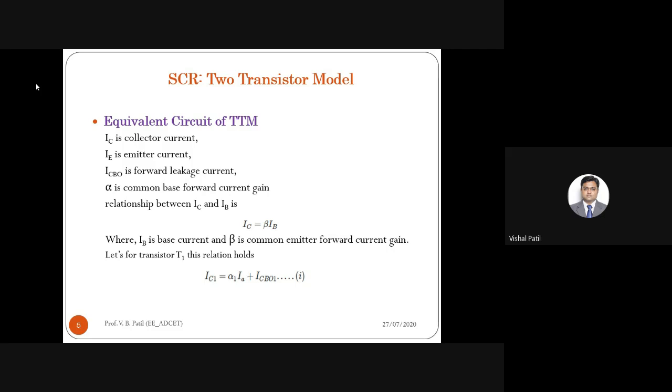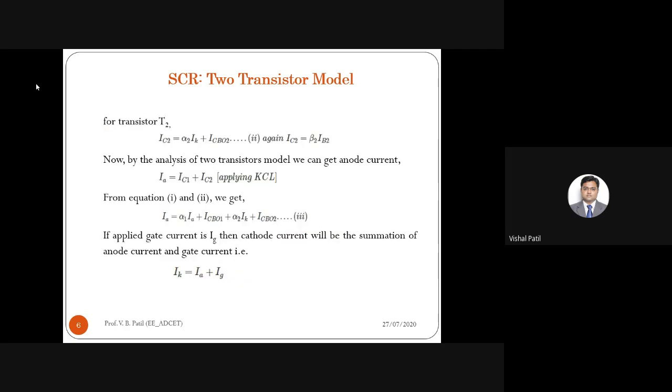The leakage current, forward leakage current. What is IA? The anode current. What is alpha 1? The common base forward current gain. Similarly, for transistor 2, IC2 is equal to alpha 2 IK plus ICBO2. Okay, so we have got both the collector currents.